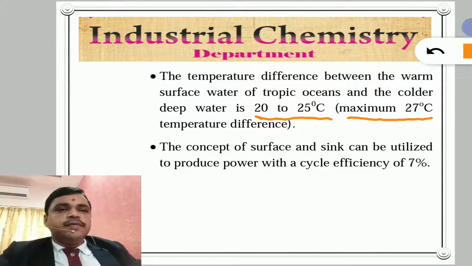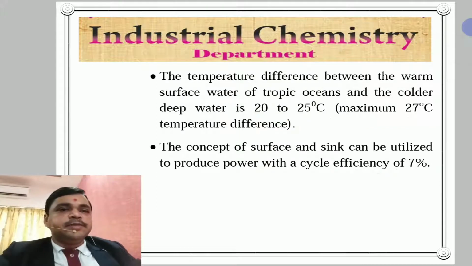So the concept of source and sink can be utilized to produce power with a cycle efficiency of 7%. According to this principle, we use the temperature difference between surface water and deep water in the OTEC cycle, and we generate power.